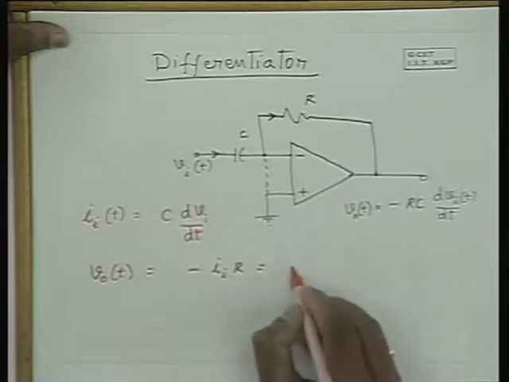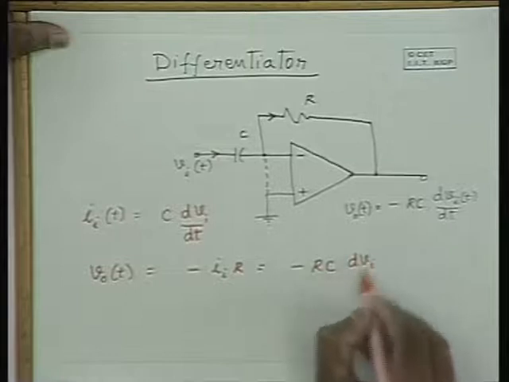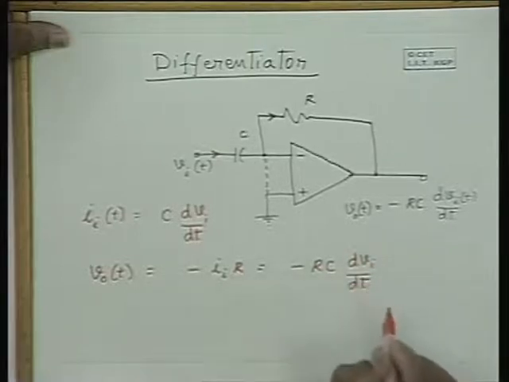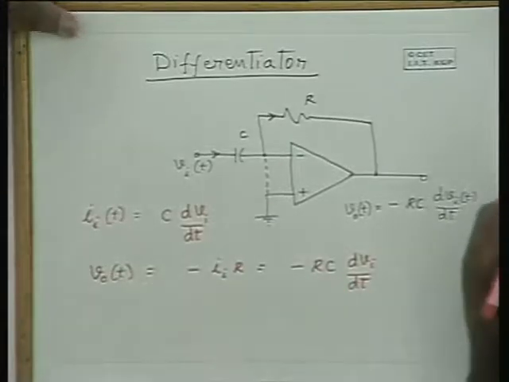Then by substituting we get minus RC dVi by dt. Hence the output voltage is a differentiated version of the input voltage except for the negative sign and the scaling factor RC. And we can always see that if RC is equal to 1, then it is minus dVi by dt.